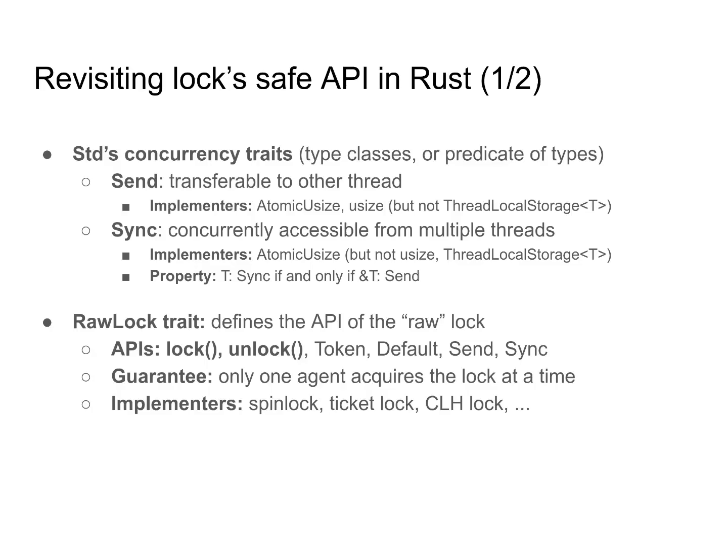In addition to the two traits provided by the standard library, we are going to use another trait called RawLock. RawLock means that it has an API that includes the lock and unlock functions. We already discussed this interface, but I'd like to rephrase it.